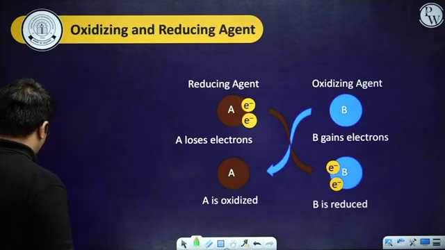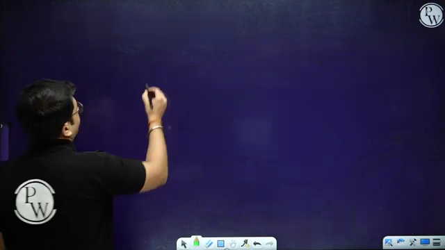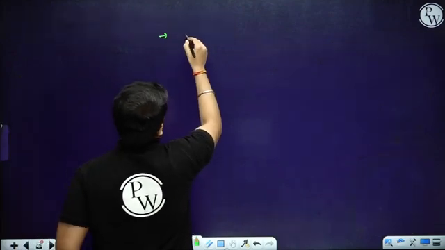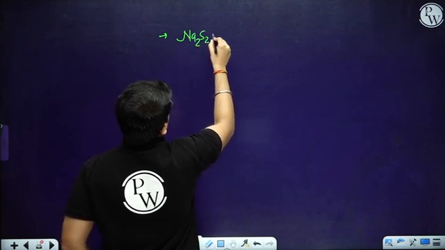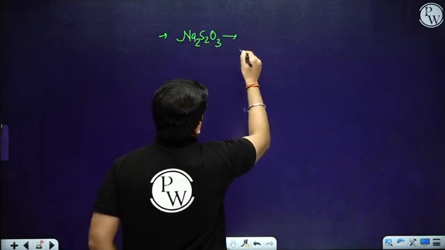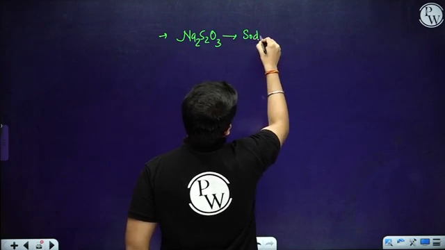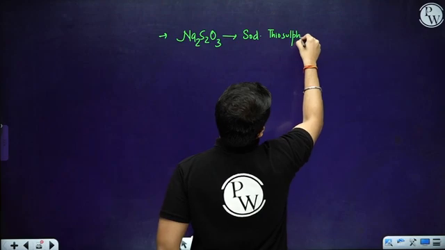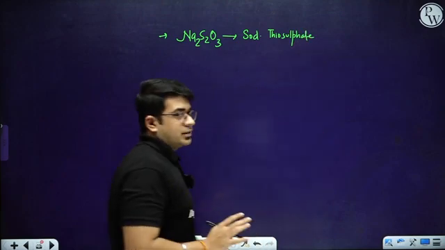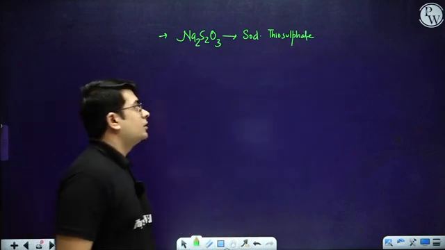So in that particular case, we have Na2S2O3. The name is sodium thiosulfate. So basically the word thio is generally used when oxygen is replaced by sulfur.